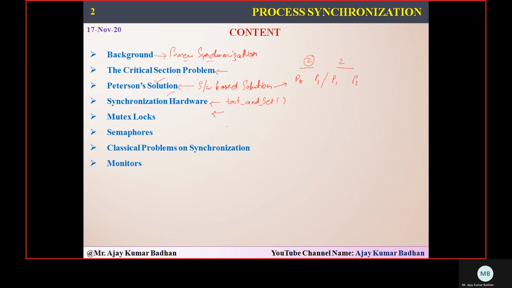With these two methodologies we were able to provide mutual exclusion, but we were not able to provide bounded waiting and progress. So in order to provide these, we came up with a different algorithm which satisfies all three requirements of the critical section problem.